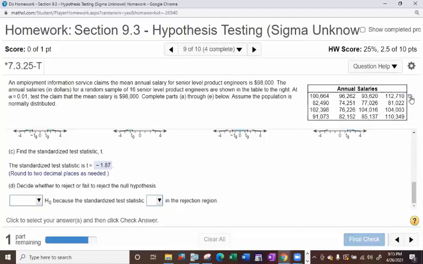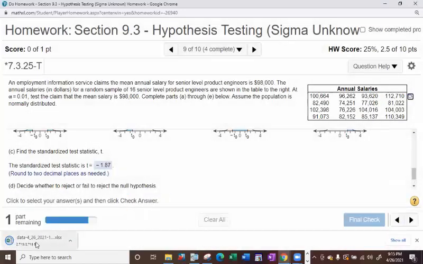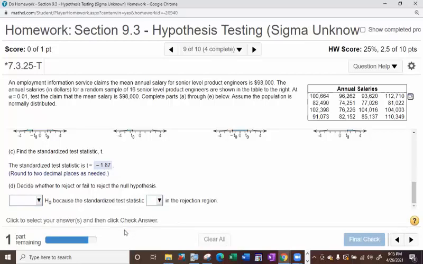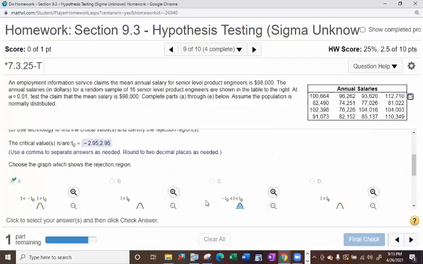Maybe without redoing the whole problem, I could just do that real quick. Just show you that part. Yeah, that's better. Well, if it ever opens up here, let's see. So what were our critical values there?